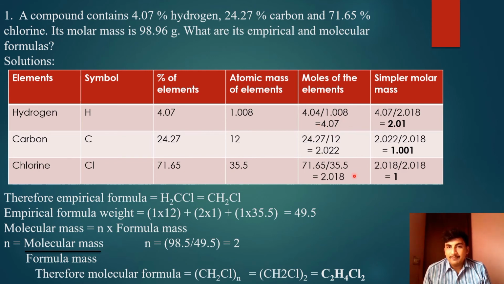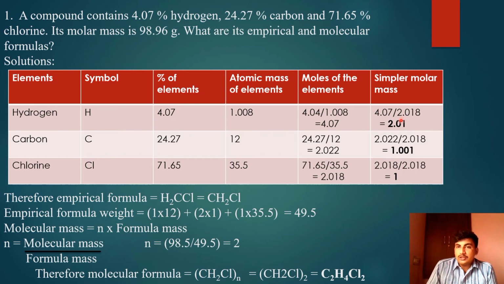So the simpler ratio we can get: 4.07 divided by the lowest value of the moles among these three, that is 2.018, right? In a similar manner we can get it for carbon and chlorine: the moles of the element divided by the smallest value, here 2.018. 2.022 divided by 2.018 will give 1.001, and 2.018 divided by 2.018 is 1.